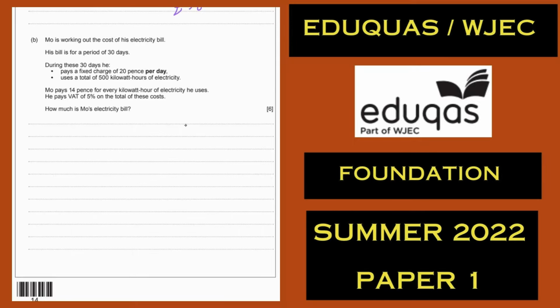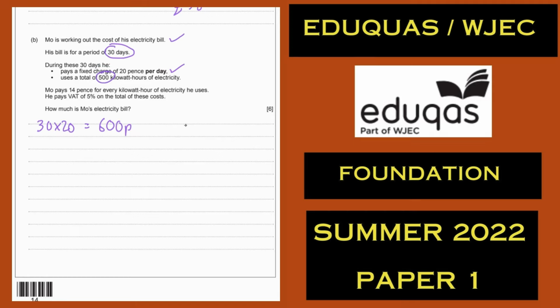More waffle for B. Mo's working out the cost. Great. Telling us nothing. 30 days, that'll probably be important. During these 30 days, he pays a fixed charge 20 pence per day. Stop, don't read on. 30 times 20 is 3 2s with a couple of noughts on. Done. He uses a total of 500 kilowatt hours.